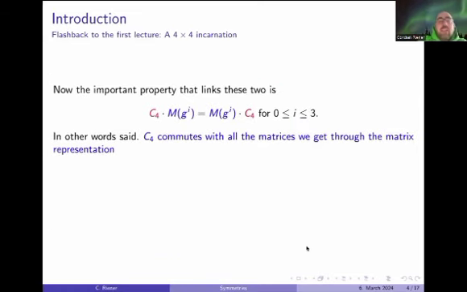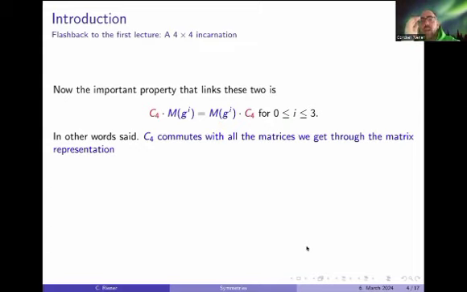And what this translates to, with the help of this matrix representation of the group C4, is that when I take my matrix C and multiply from the right with a matrix M_g to the power i, it will be the same as if I multiply from the left.